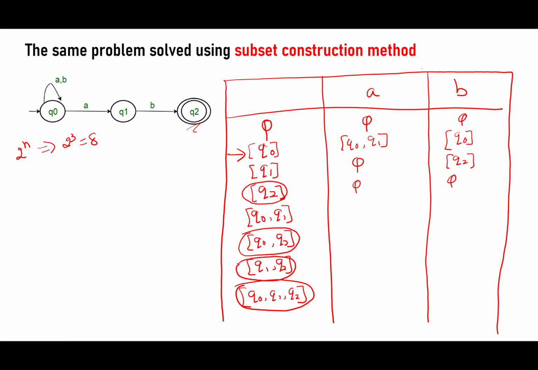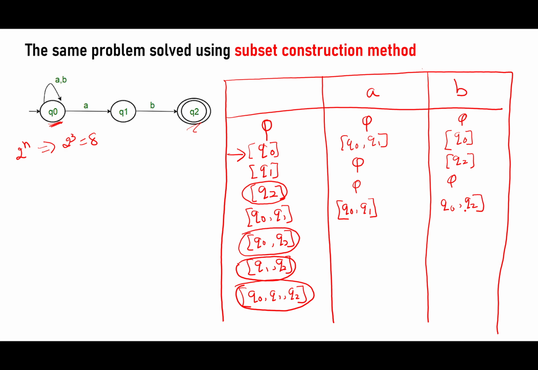Next, q0 q1 comma a. Q0 comma a is q0 q1, and q1 comma a has no transition, so it is q0 q1. Then q0 q1 comma b: q0 comma b is q0, and q1 comma b is q2.